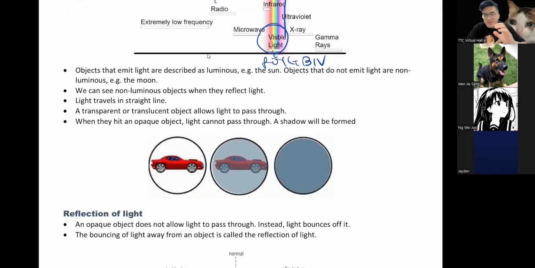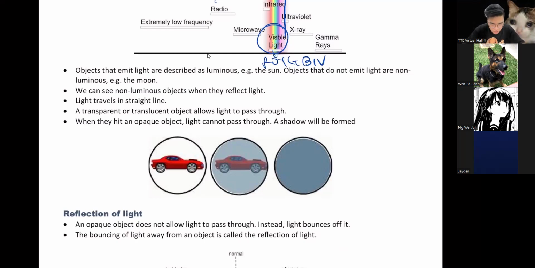If light hits any non-transparent object, they bounce to our eye, then we can see the object. This is why when you walk into a dark room, you switch off all the lights, you don't see anything because there's no light bouncing into your eyes. You see black. No light means black. You see nothing.